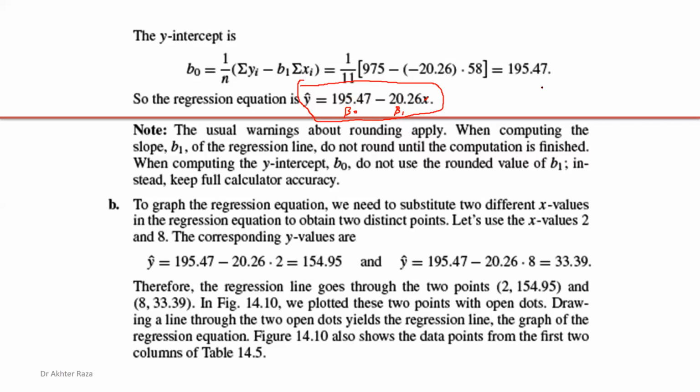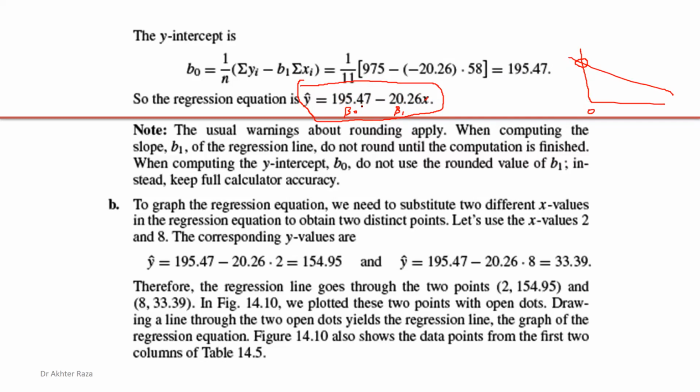And this is the y-intercept. The y-intercept is indicating this point, 195.47. It means if the value of x is 0, that is a new car. If it is a new car, then the price will be $19,547.